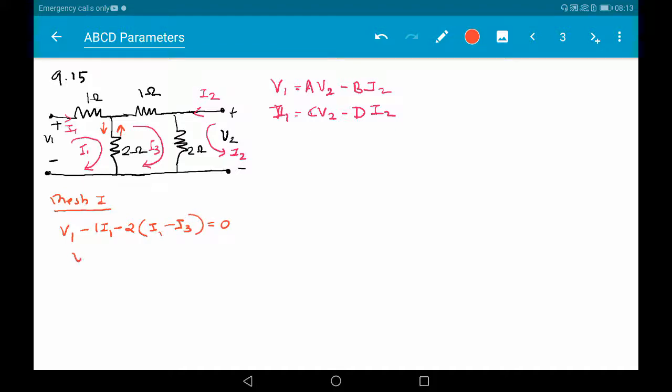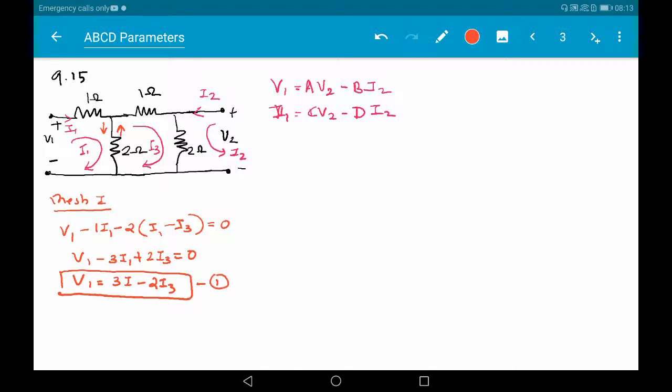Then rearranging: V1 is equal to 3I1 minus 2I3. This is equation number 1.